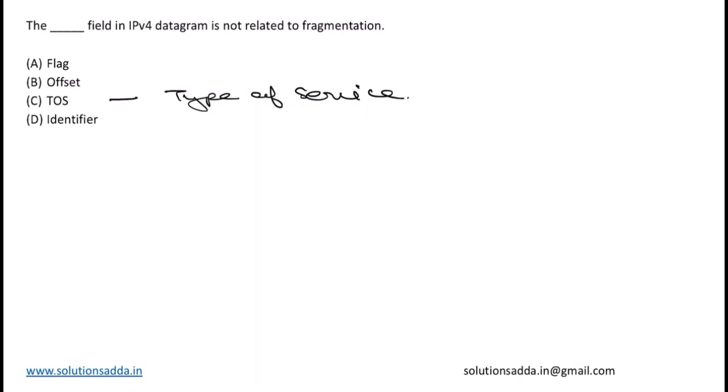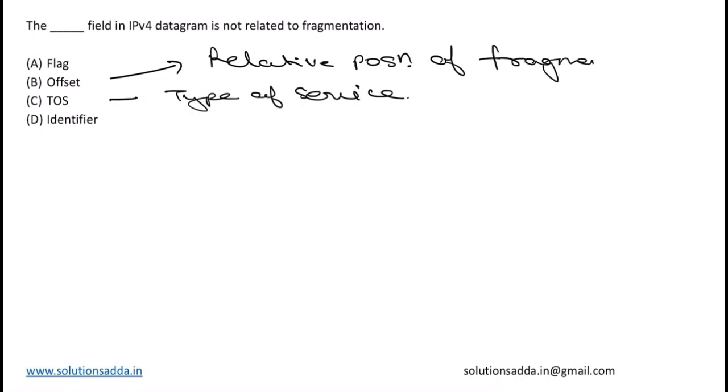Offset is used to identify the relative position of the fragment with respect to the whole datagram. What does offset do? Relative position of fragment with respect to datagram. Similarly, identifier is used to identify a datagram originating from the source host.